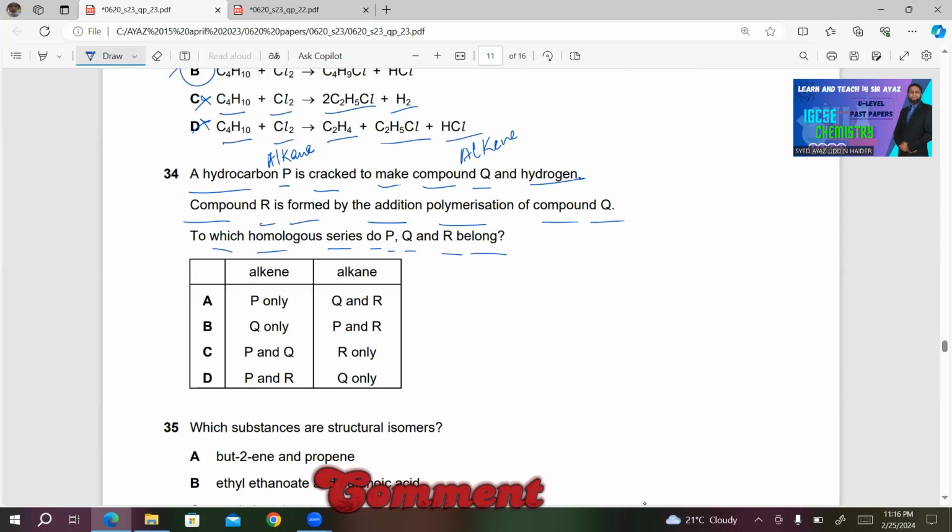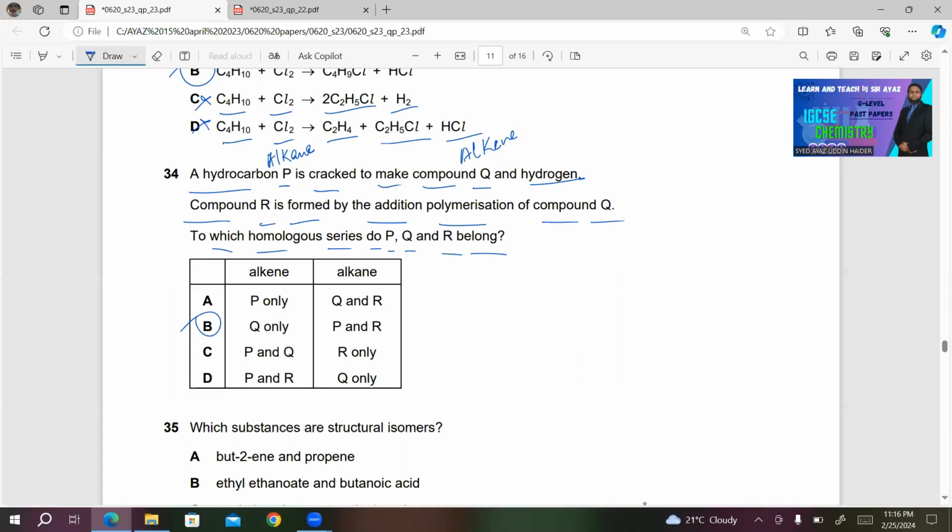So R must also be a member of the alkanes because it's carrying only carbon-carbon single bonds. That's why we will consider R as an alkane. And as I have told you, Q is an alkene. So in this case, B must be the right answer.